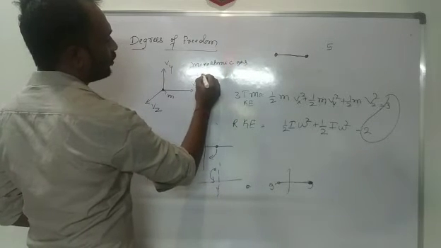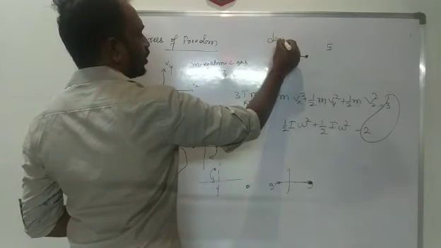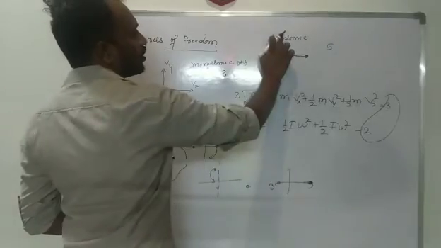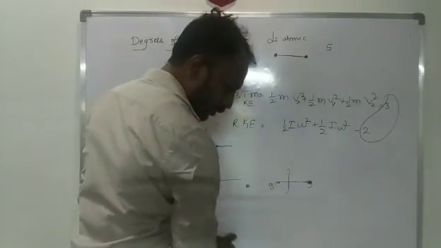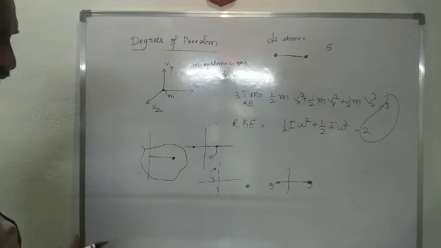Degrees of freedom we consider 3, and for diatomic molecules the degrees of freedom is 5.